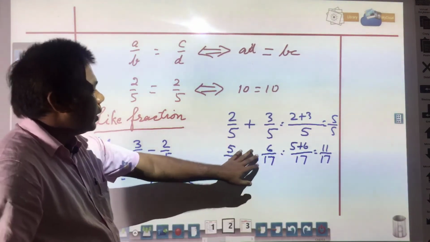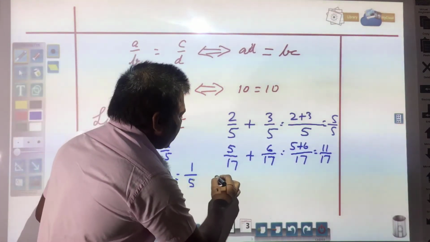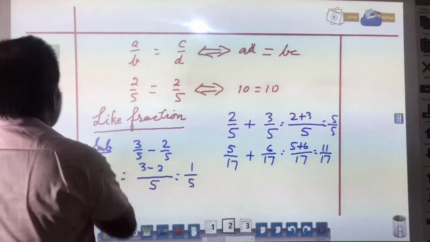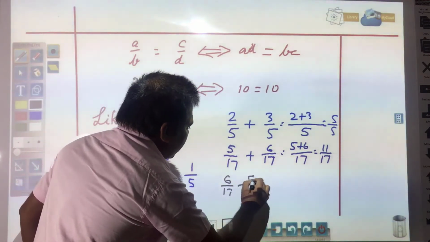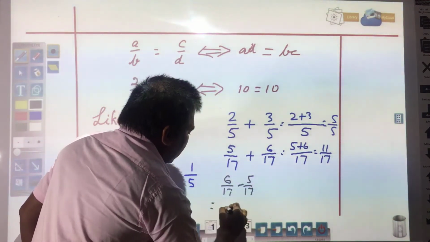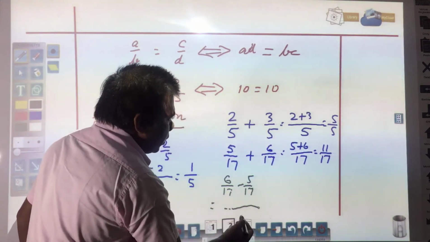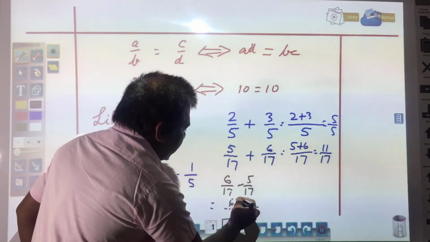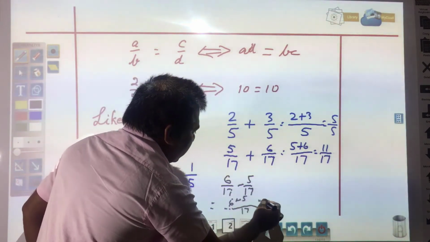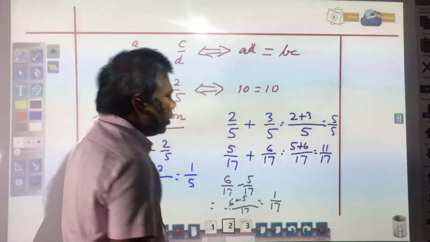In the same way, suppose 6 by 17 minus 5 by 17. You write the denominator, and then the numerators, and you will get 1 by 17.